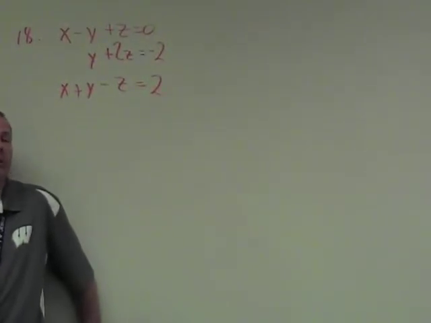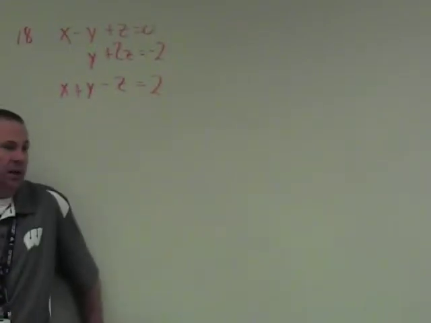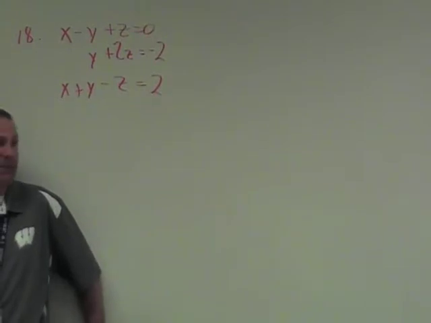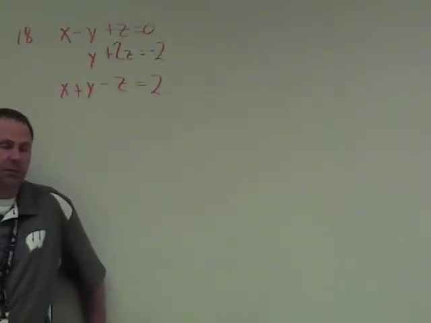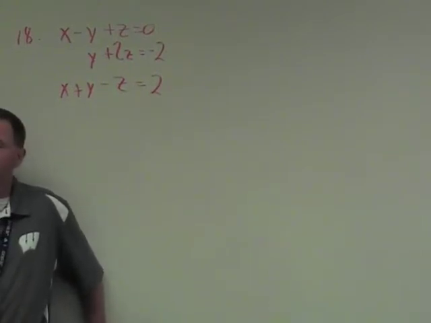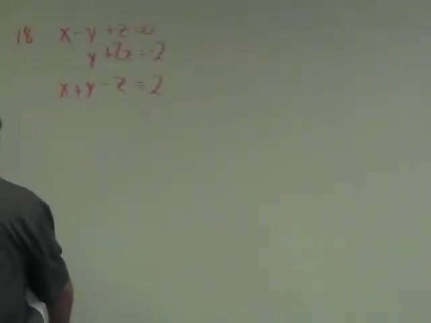Canceled variables. How did we get those to cancel? Yeah, multiply equations by different numbers so you get opposite coefficients, like 5 and negative 5, 1 and negative 1. You can subtract if you want. The book teaches you to subtract. I don't ever subtract, I always add. If you're good at the subtraction, go ahead and do it. But I always add, so I don't care how you do it, just get the right answer.